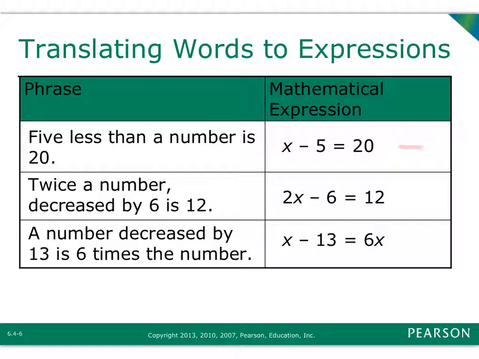This is twice a number decreased by 6 is 12. Notice the word "is" is always the equal phrase. And finally, a number decreased by 13 is 6 times a number. So here we have an equation of this sort.